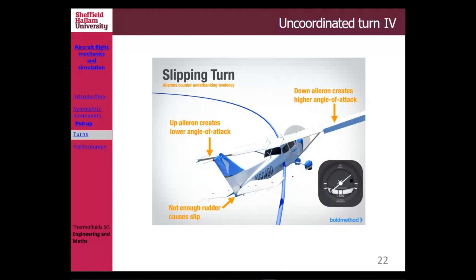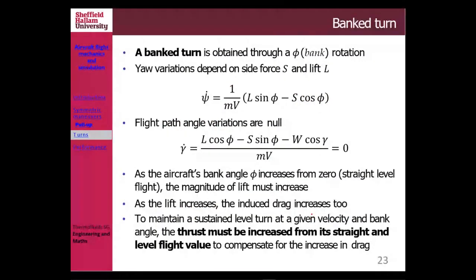But if you make a slip, then your aircraft has a roll angle like that, but the ball is moving to the side where your wing part is reduced or downward. Okay, so that is just a couple of pictures showing you what happens if you do the slip and the skid turn.